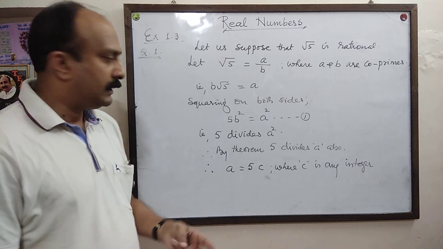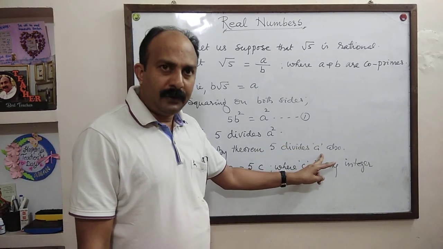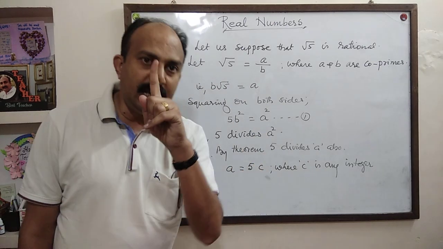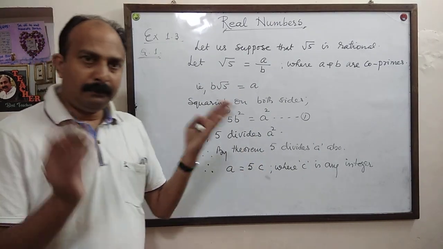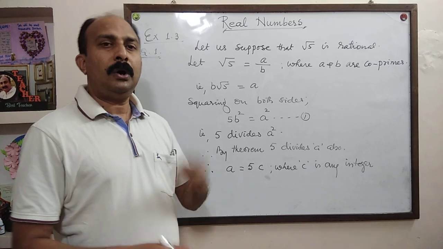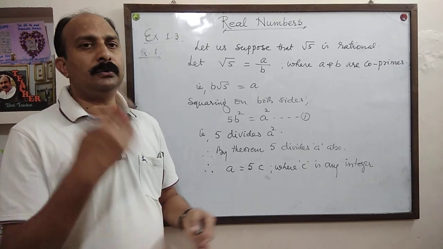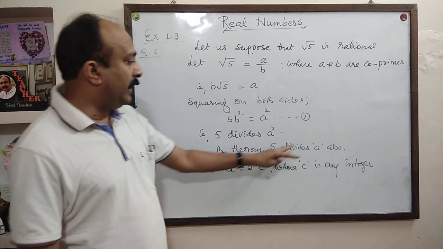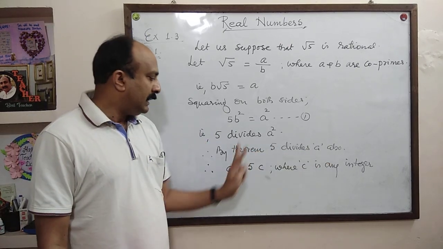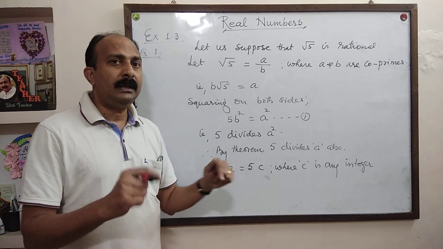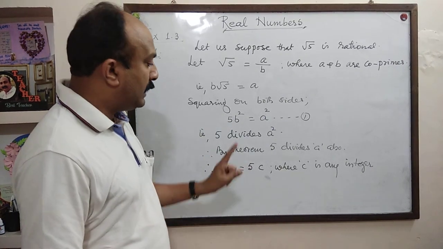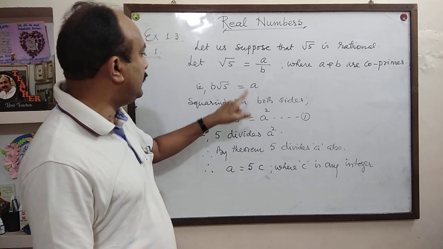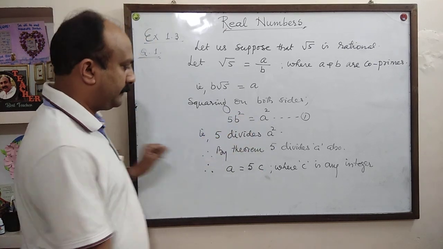C can be 1, or it can be 5 into 2, 5 into 3, 5 into 4, any other integer. So since 5 divides a, we can say a is equal to 5c, where c is some other integer. Now we are going to put this value of a equal to 5c in equation number 1.